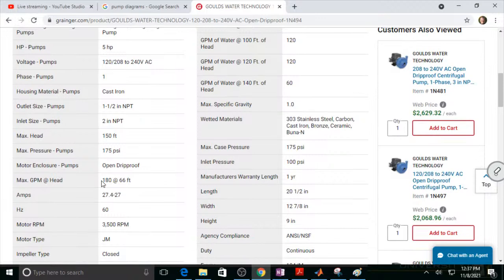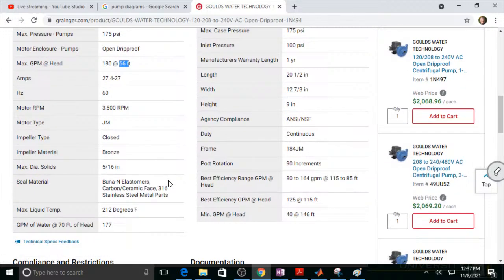Maximum, so it's 180 gallons per minute at 66 feet of head. But I need to now know what the flow rate is for a smaller one. And some of them, best efficiency is 120, 125 gallons per minute. Minimum gallons per minute.